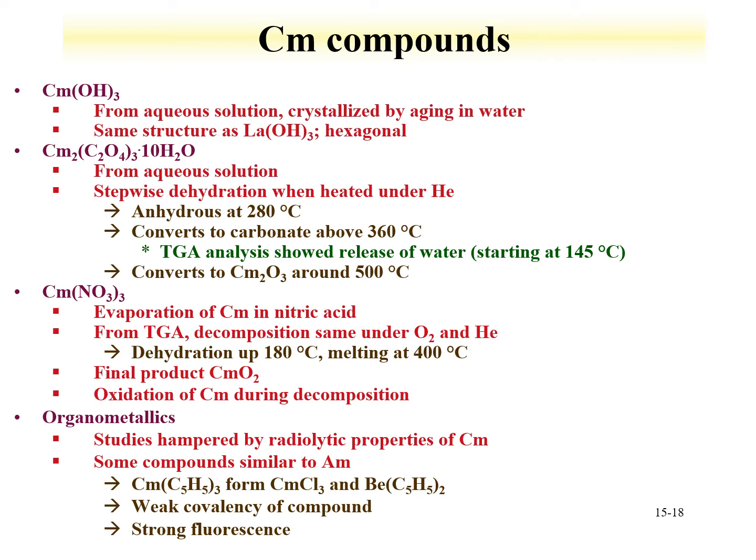This compound will convert to curium-3 oxide around 500 degrees, and closer to 600 degrees this will oxidize to the curium dioxide. Curium nitrate can be produced by evaporation of curium and nitric acid. Again, heating this up, you'll get a final product of the dioxide.